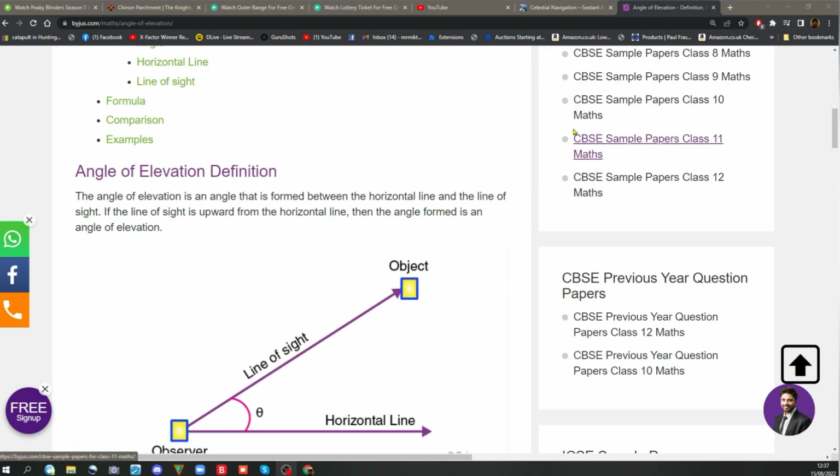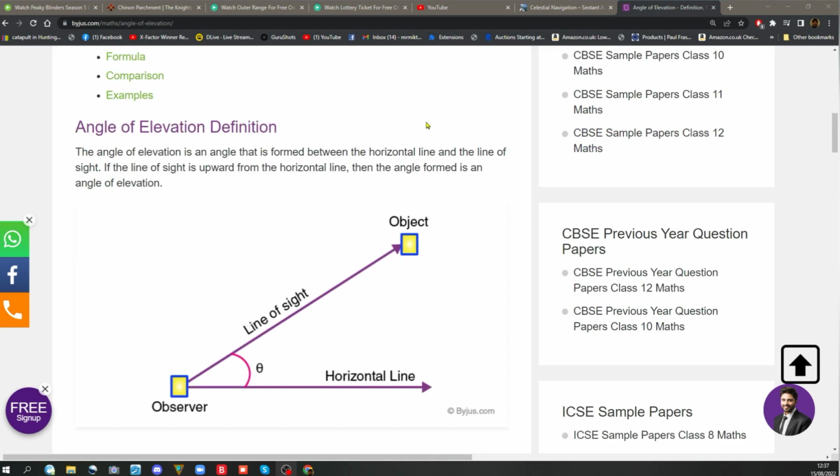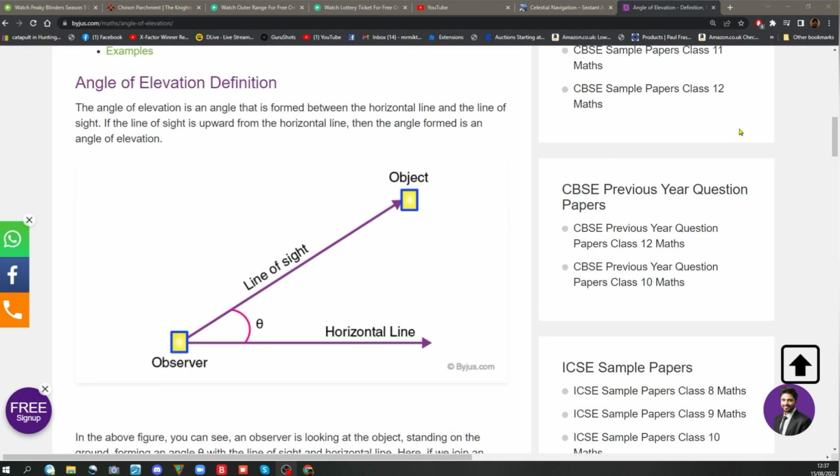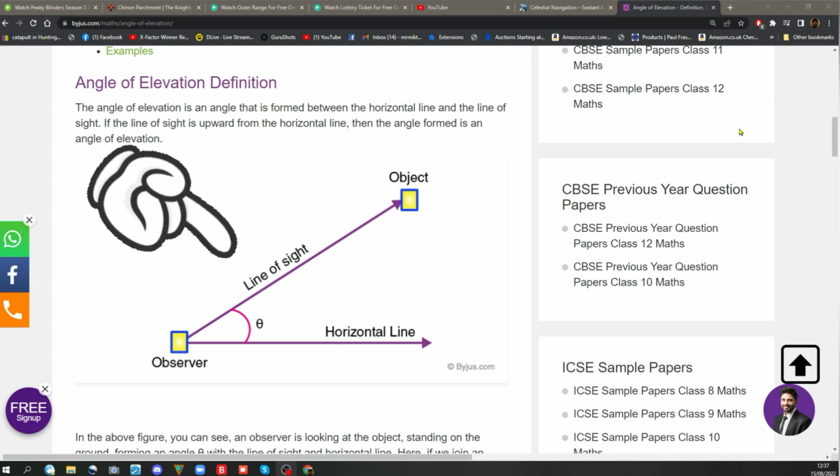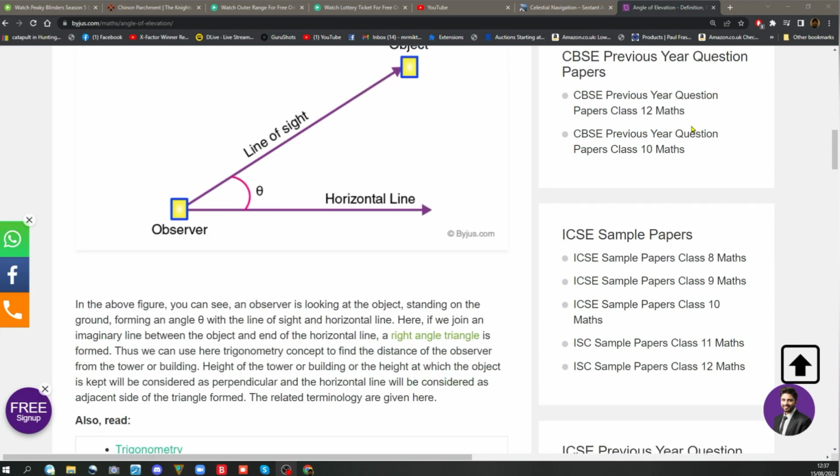Angle of elevation definition. The angle of elevation is an angle that is formed between the horizontal line and the line of sight. If the line of sight is upward from the horizontal line, then the angle formed is an angle of elevation. In the above figure, you can see an observer is looking at the object standing on the ground, forming an angle with the line of sight and horizontal line.